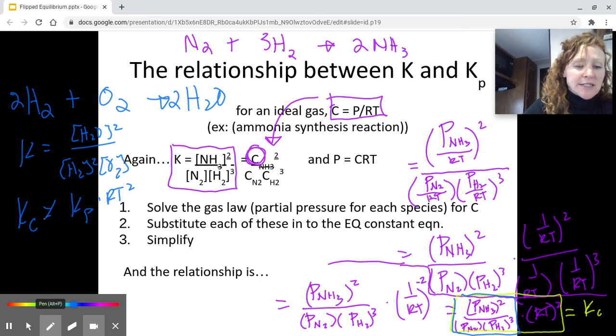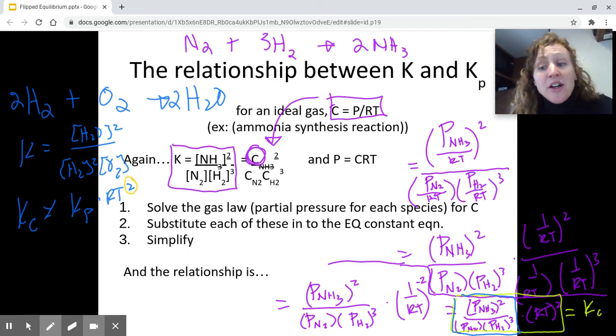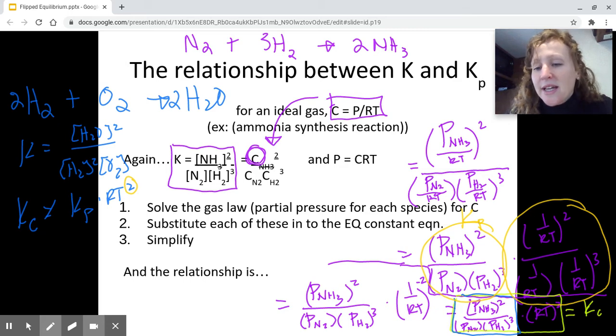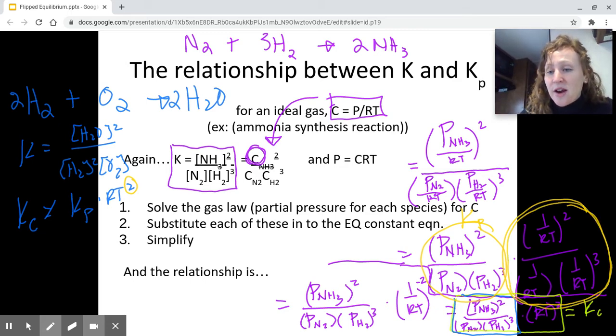What would be different? The amount of RTs, right? This expression right here, even if we just group this all together and call it Kp, that's a hunky-dory way to do that. This expression over here of all the RTs is very dependent on the exponents, right? And where did these exponents come from?